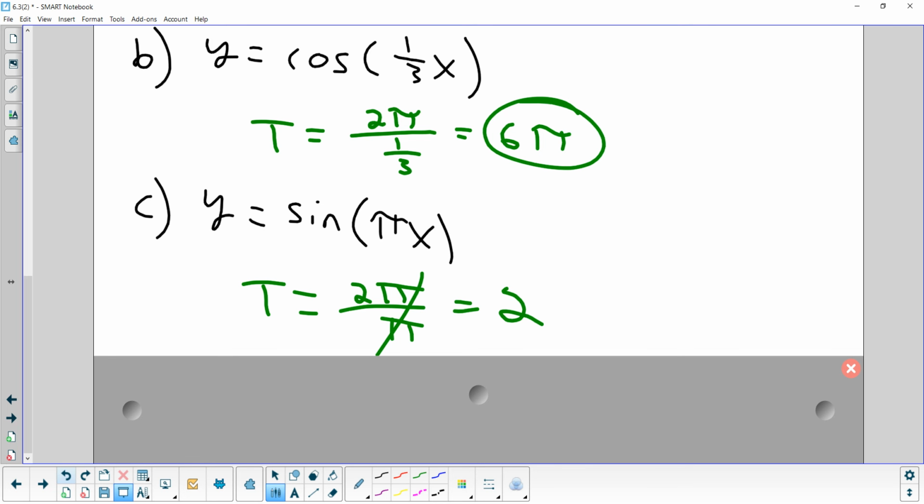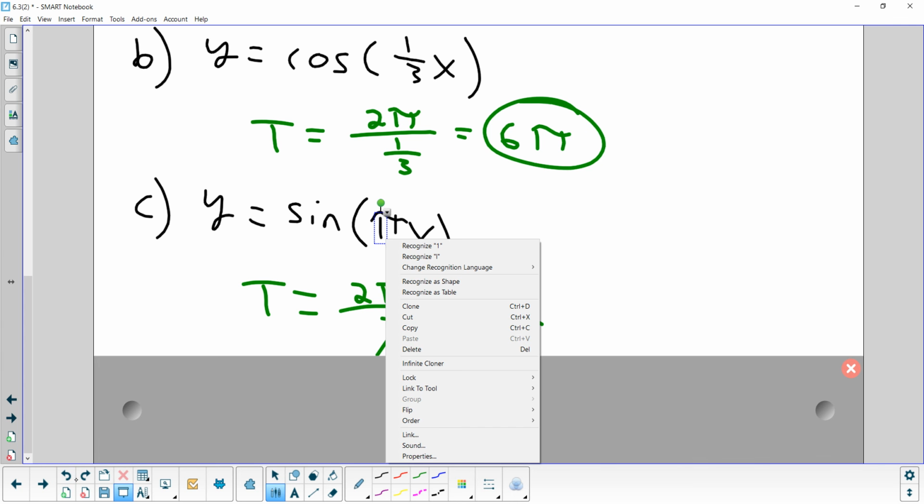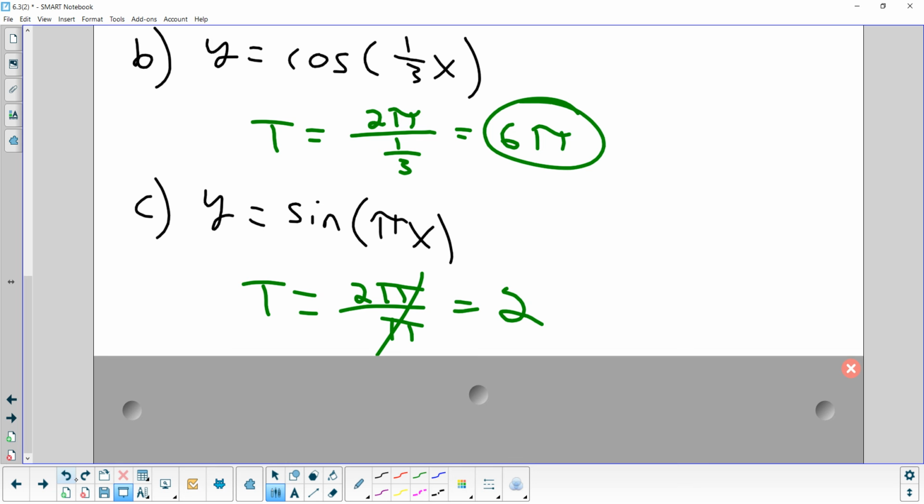And that's also going to make the quarter points of the cycle very easy to find. 0, half, 1, 1.5, 2. So it makes it very easy to find those 5 points. And that's the first kind of problem. If we did it out as a graph, your x values wouldn't have any pi's in them. We've always had pi. But if you scale it by a factor of pi, it cancels it out.